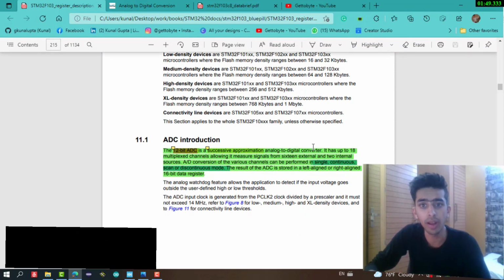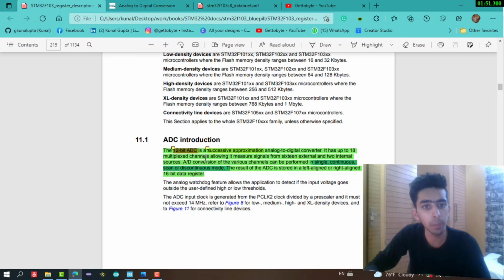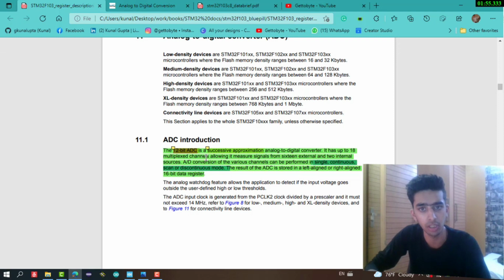And it has up to 18 multiplexed channels, allowing it to measure signals from 16 external and 2 internal sources. That means there are 18 ADC channels in our STM32 F103 microcontroller, out of which 16 are external, that is from the external environment.